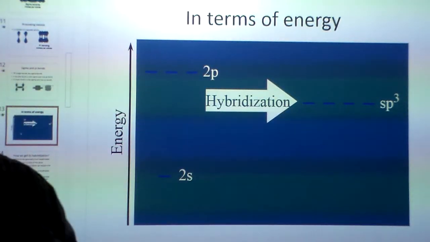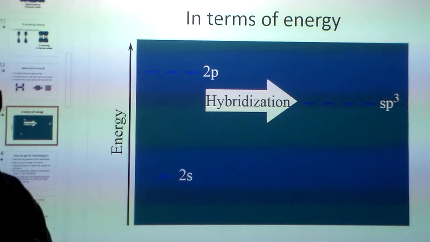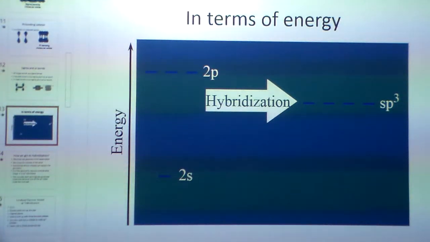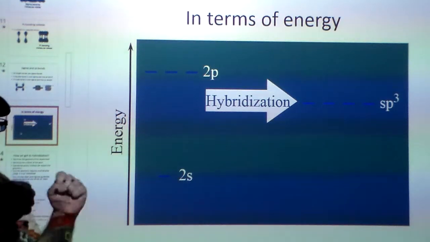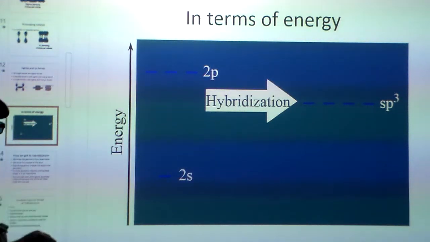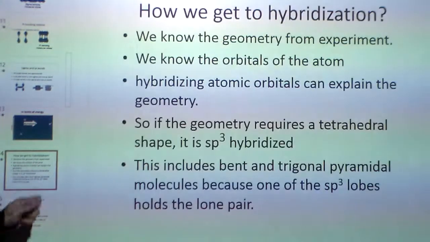Because remember, when you're forming a bond, the key thing is to have a lower energy level, because that promotes stability. If you have more energy in there, the electrons are going to have more energy, and then they're going to be less stable. So you're going to see things fall apart, but we're not seeing this.